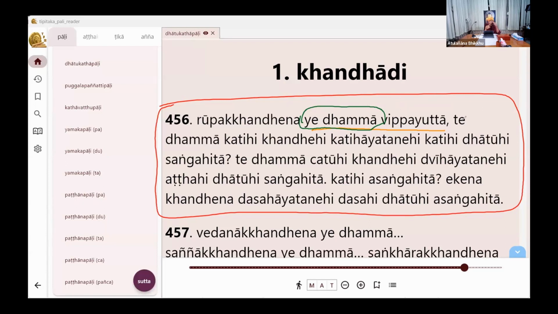And it says Te dhamma katihi khandehi katihayatanehi katihi dhatuhi sanghita. So here is where we find the difference, right? In the previous method number 8, we found this as te dhamma katihi khandehi katihayatanehi katihi dhatuhi sampayutta.